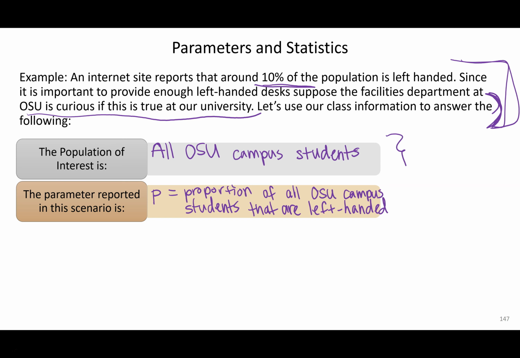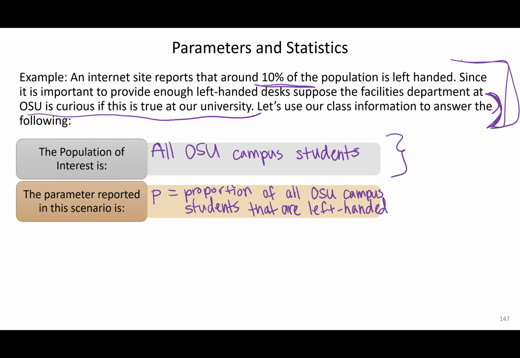Things to consider too: I want to make a statement about all OSU students. If I only ask ST314 on-campus students, this group of people may not represent all OSU students. That is something to consider.